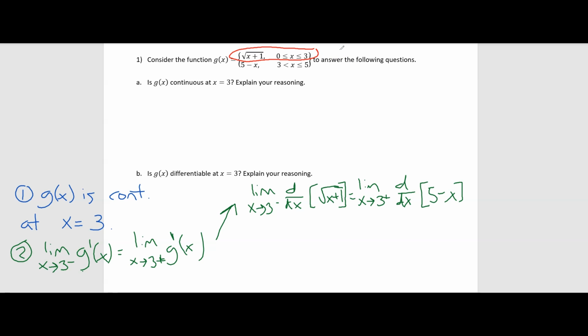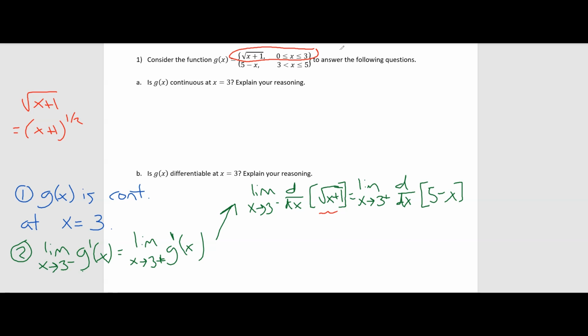So then we go through and we take these derivatives. By now we're getting pretty good at taking derivatives. I'm going to take this over here just to show you how I'm breaking this down to finding the derivative. So the square root of x plus 1, right? That's equal to the quantity x plus 1 to the power of 1/2.